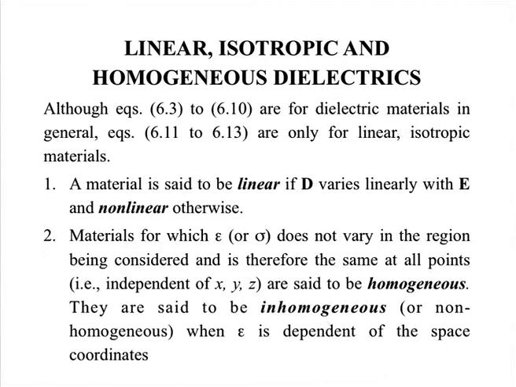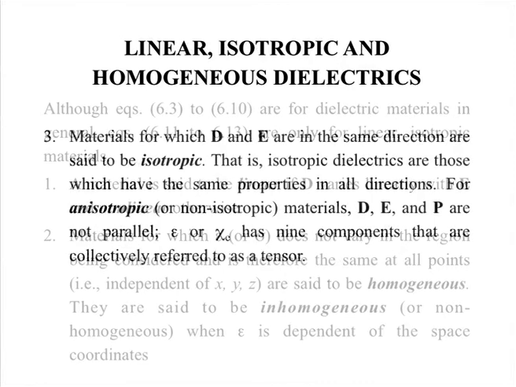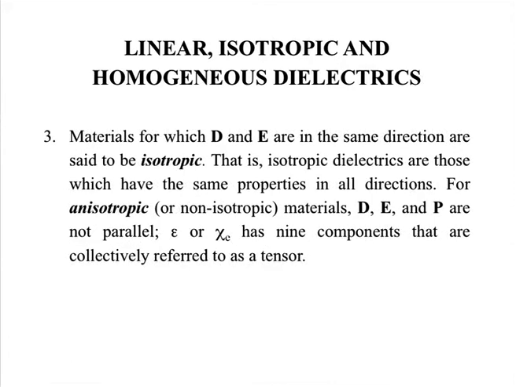On the other hand, a dielectric material is said to be inhomogeneous when permittivity is dependent on the space coordinates. The materials for which D and E are in the same direction are said to be isotropic. That is, isotropic dielectrics are those which have the same properties in all directions.